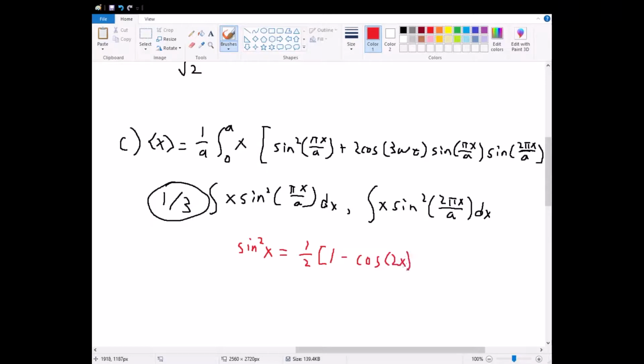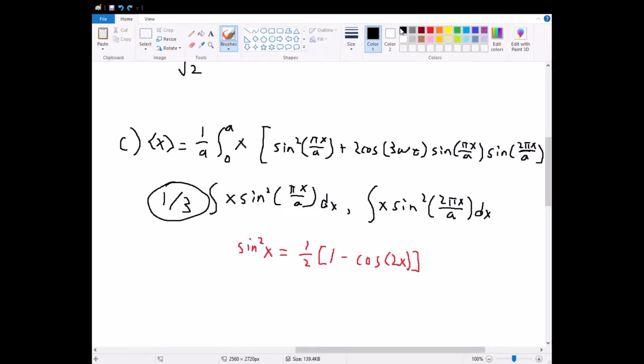So if we shove this into both of these component integrals, we can distribute them out from 2 integrals into 4, and 2 of those 4 integrals is just x times 1, so x, which becomes trivial, and the remaining 2 are both x times cosine of something, and both of those can be evaluated using integration by parts. So that's how you evaluate the first and third terms.